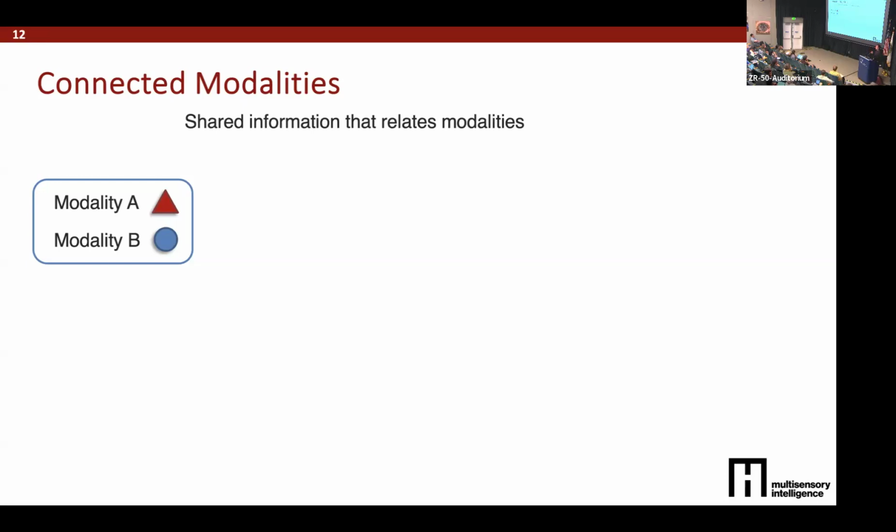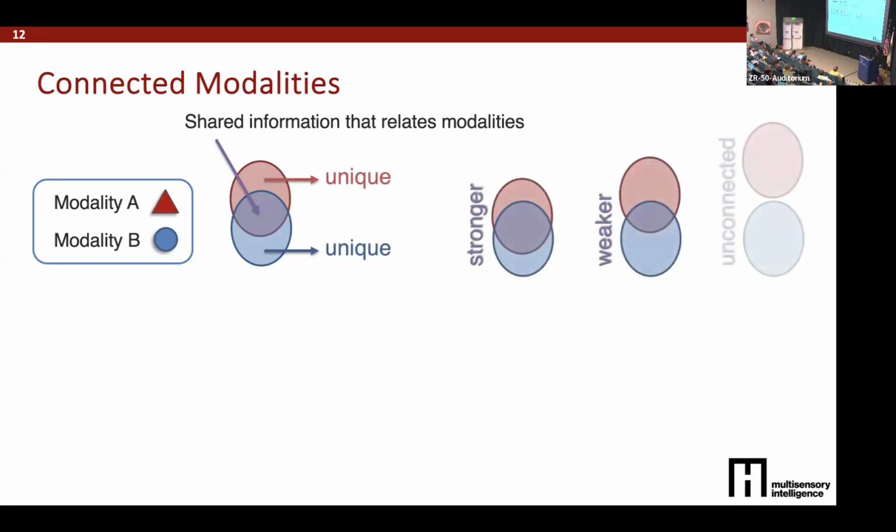The second key challenge is that modalities often show some connections, and we define connections as some shared information that relates these modalities. Again, you want to think about this as a spectrum, with parts of modalities that are stronger and therefore have more shared information, to settings in which these modalities are unconnected with no shared information at all, with almost exactly unique information in one as compared to the other.